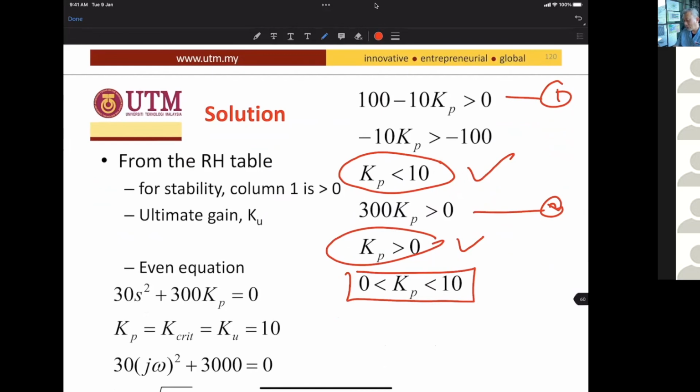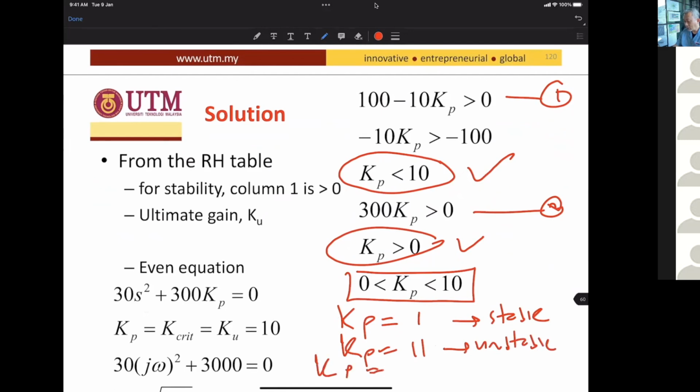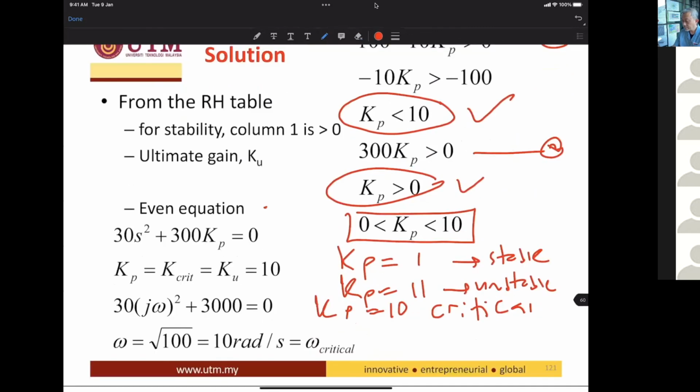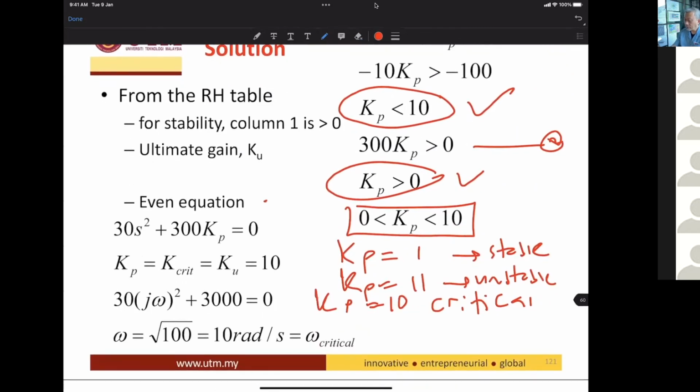If Kp is equal to 1, stable. If Kp is equal to 11, unstable. If Kp is equal to 10, it is critical. So Kp equal to 10.